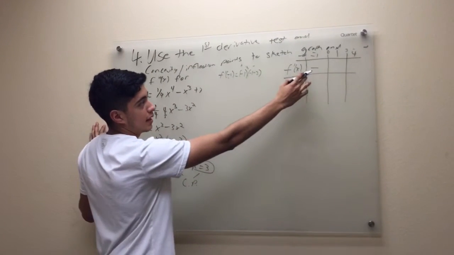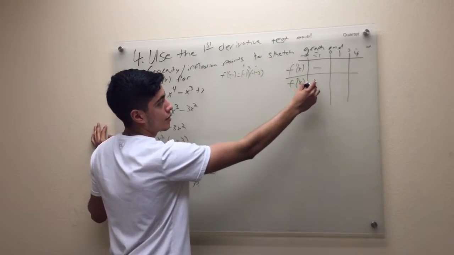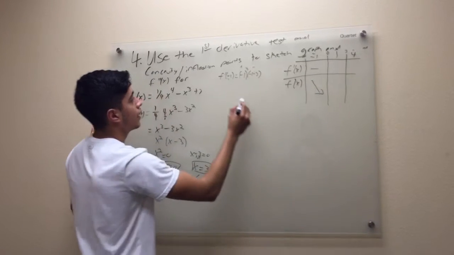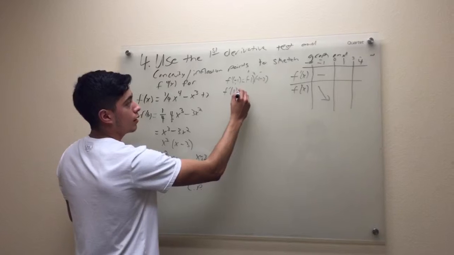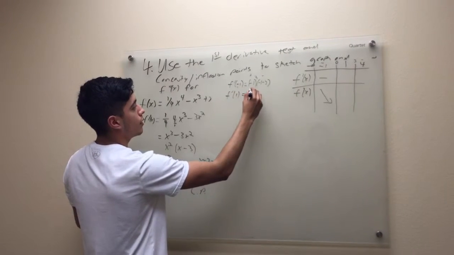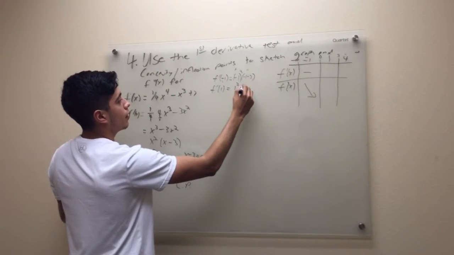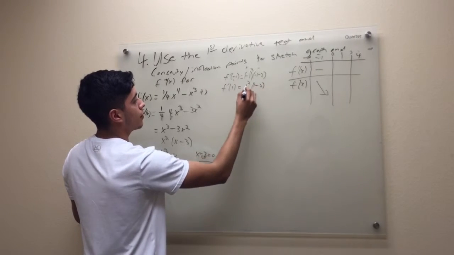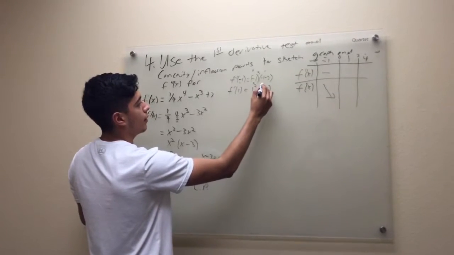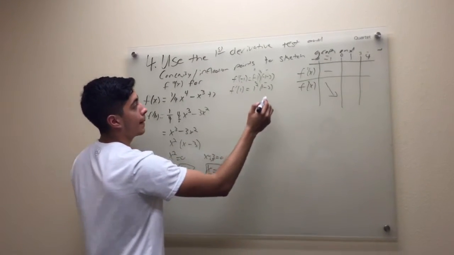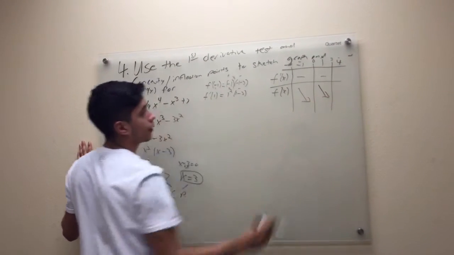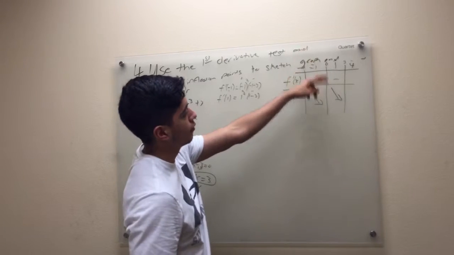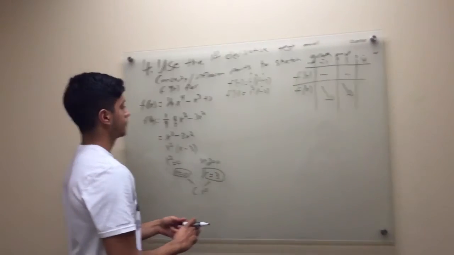When this is negative, we know that the original function is going to be decreasing. So now let's try 1. We're going to have 1 squared times 1 minus 3. We got a positive times a negative again, so it's going to be negative. We know that from 0 to 3, the graph is still decreasing.